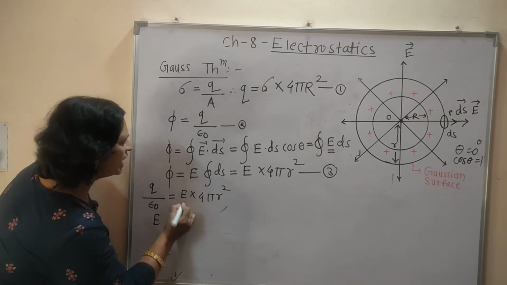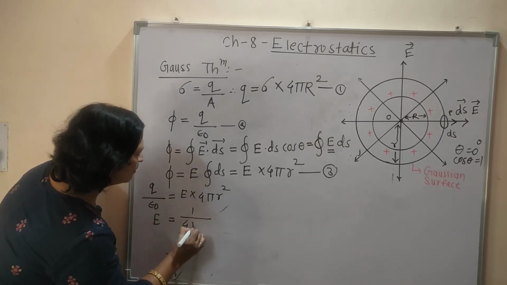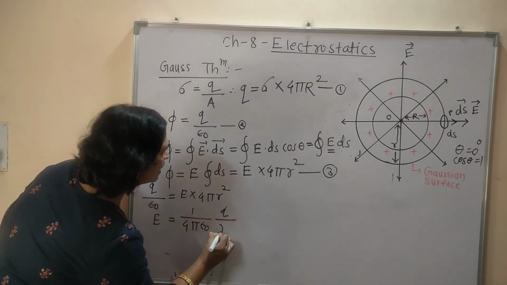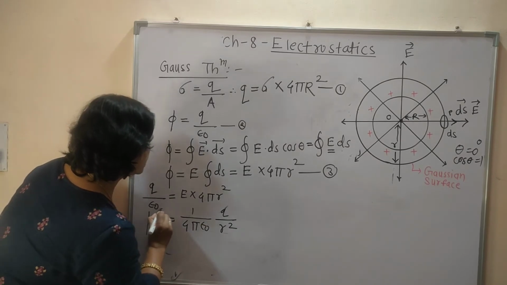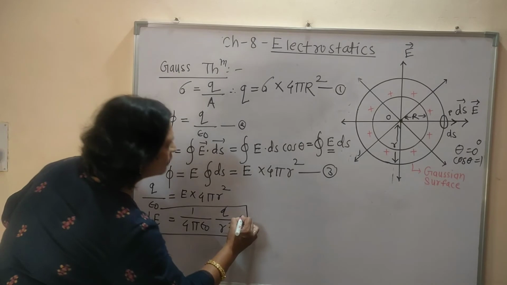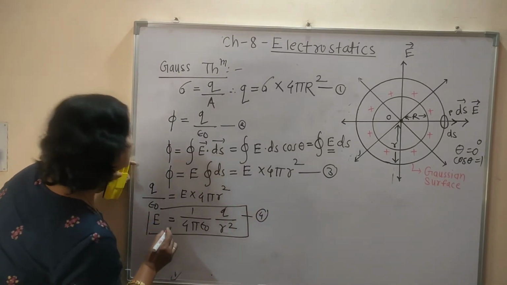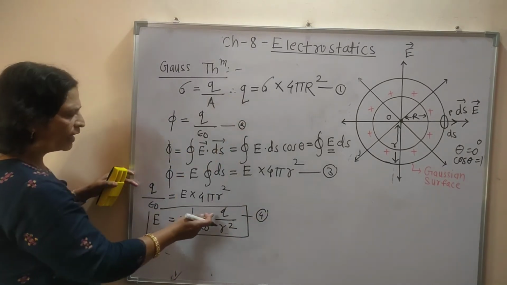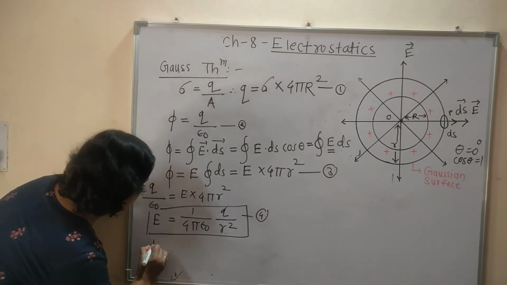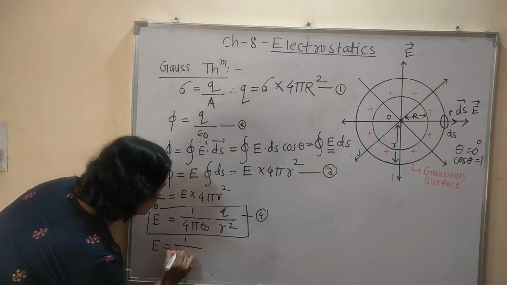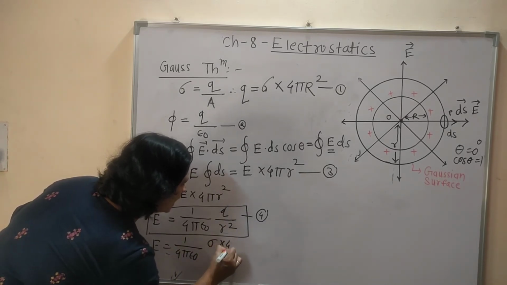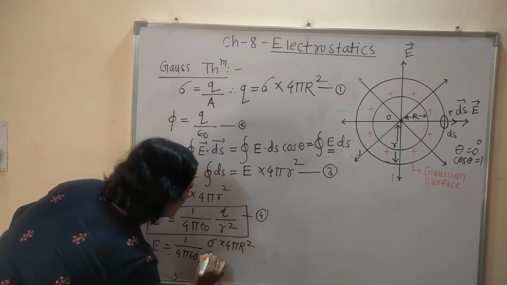Then the value of E equals 1 by 4 pi epsilon naught times Q divided by r square. This is the first value of the electric field intensity, equation number 4. Then if we substitute the value of Q equal to sigma into 4 pi r square, E equals 1 by 4 pi epsilon naught times sigma into 4 pi r square divided by r square.